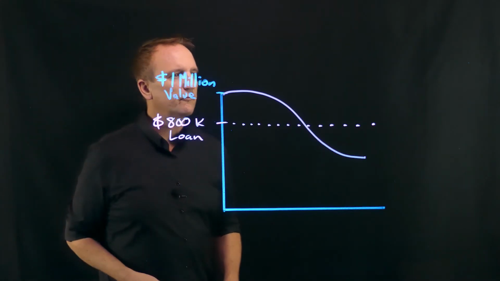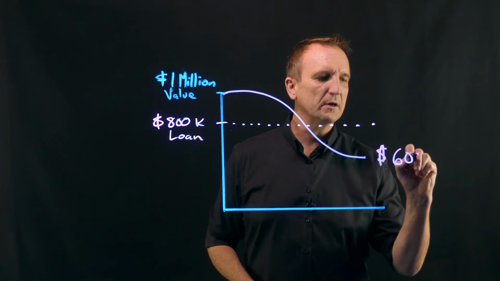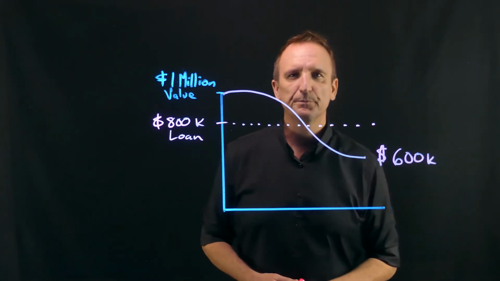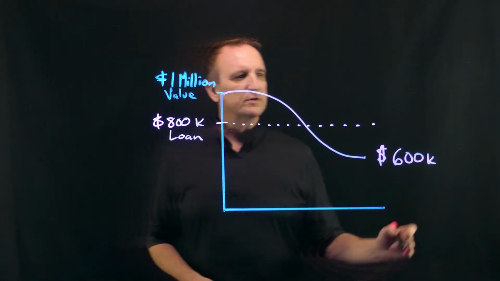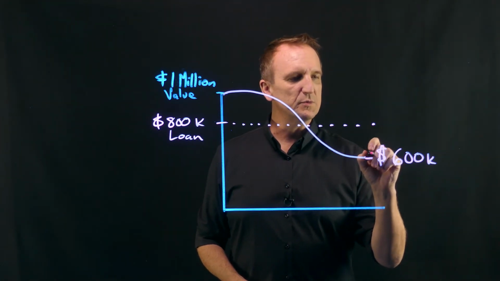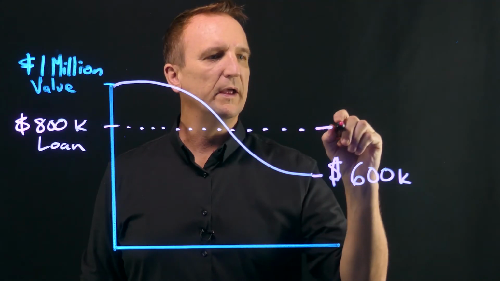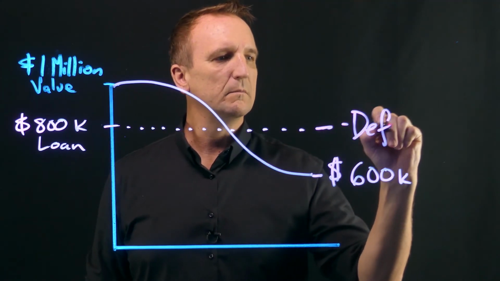But over time, for whatever reason, the property became worth $600,000. This difference here between what the property is worth and what the lender is owed is called a deficiency.